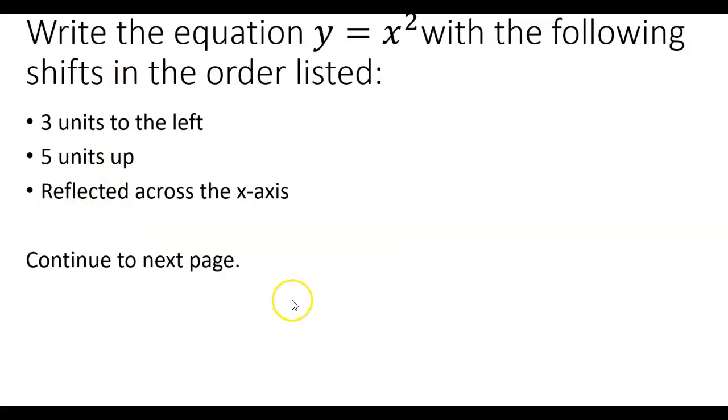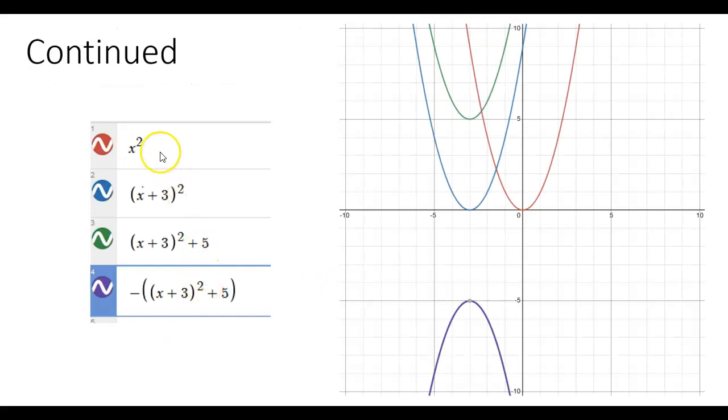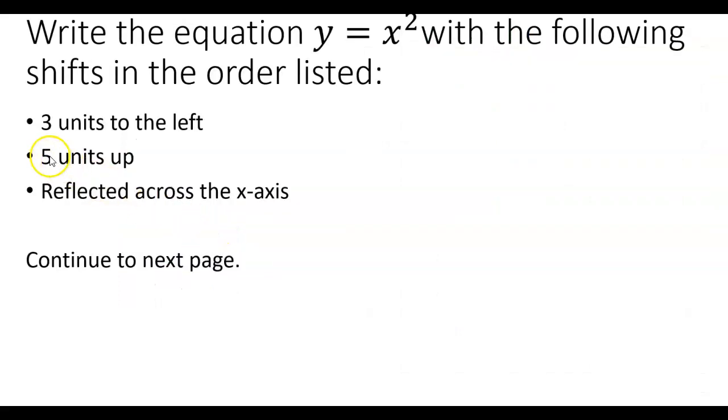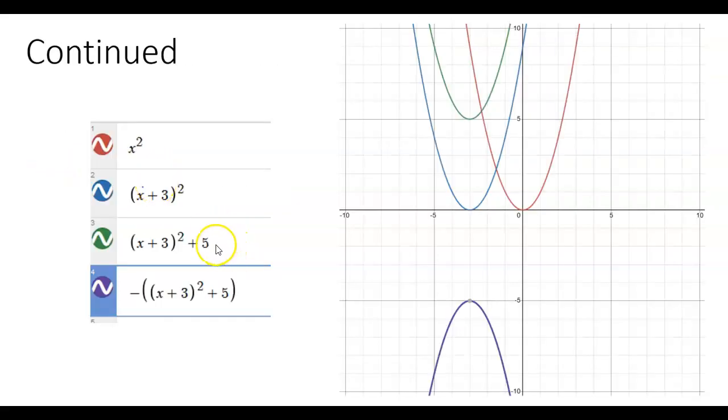All right, so let's see. This is starting with just f of x is equal to x squared. I'm in Desmos for this. First, we shifted 3 units to the left, which means we add 3 to the x. And then we're going to add 5 units to the y. We are going 5 units up, so that's going to be a +5.